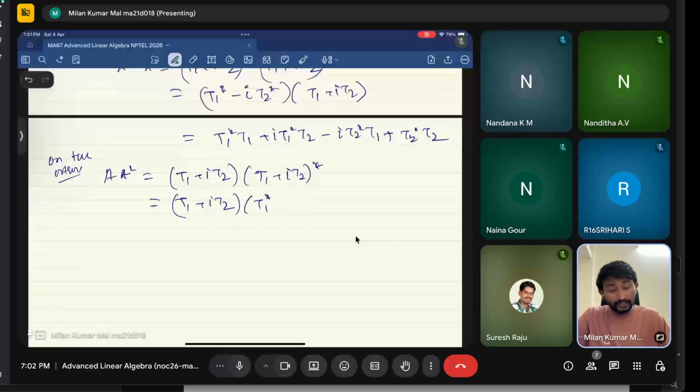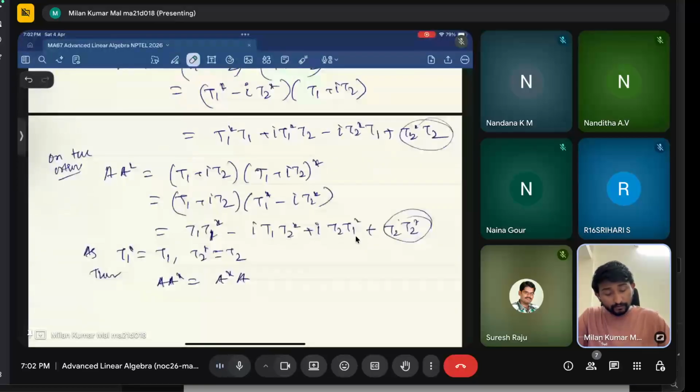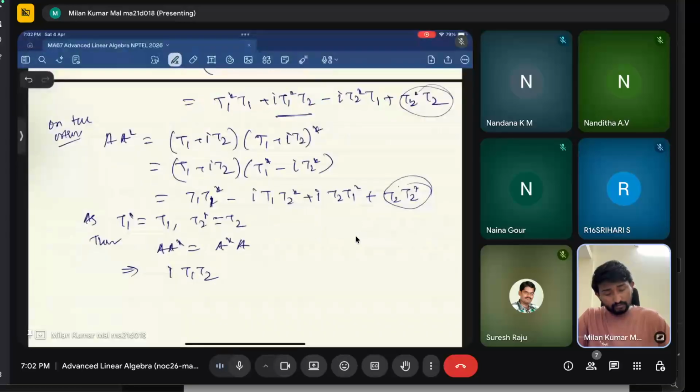This will give, we can easily cancel out this term with this term. Okay, we can easily cancel out T2 star by T2 star, because this is actually T2 square, nothing else. And this term, this implies that, so this will give i T1 T2, this is the first term, minus i T2 T1, that is equal to these two terms, that is minus i T1 T2 plus i T2 T1.